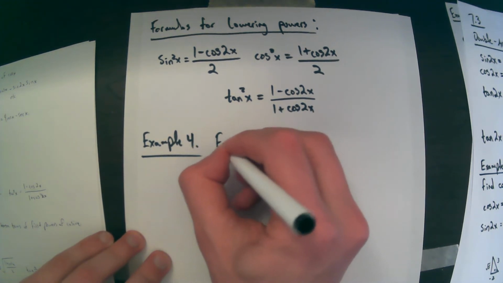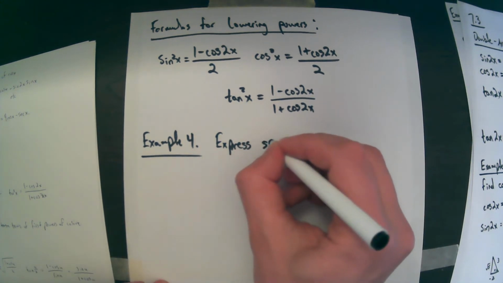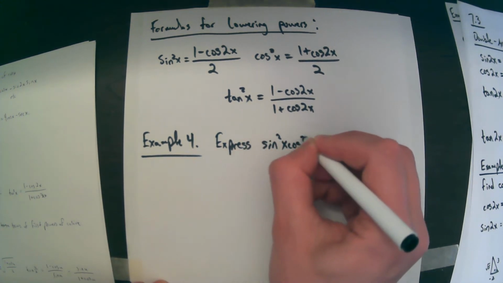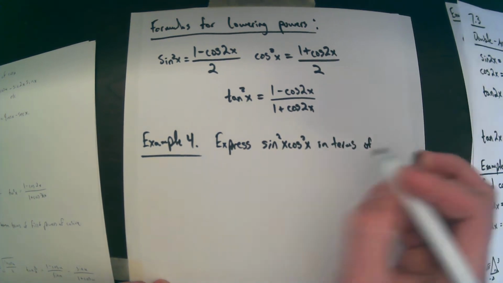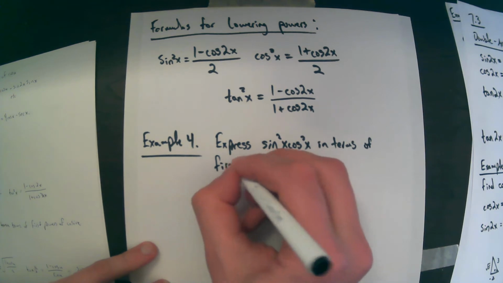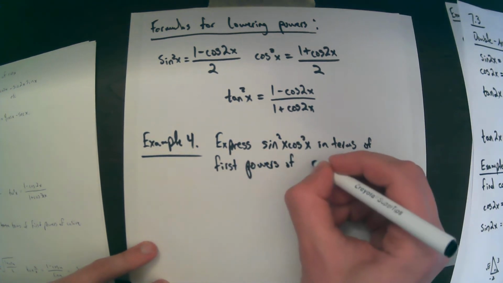So let's express sine squared x, cosine squared x in terms of first powers, so degree 1 of cosine.